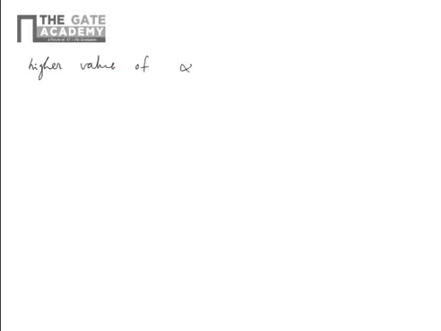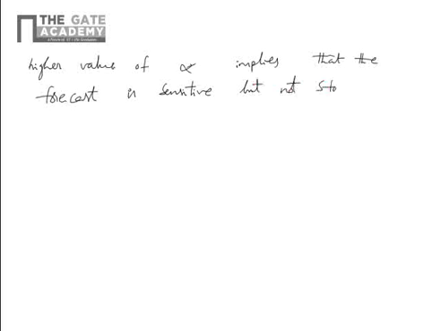Higher value of alpha implies what? It implies that the forecast is sensitive to recent values, but not stable.